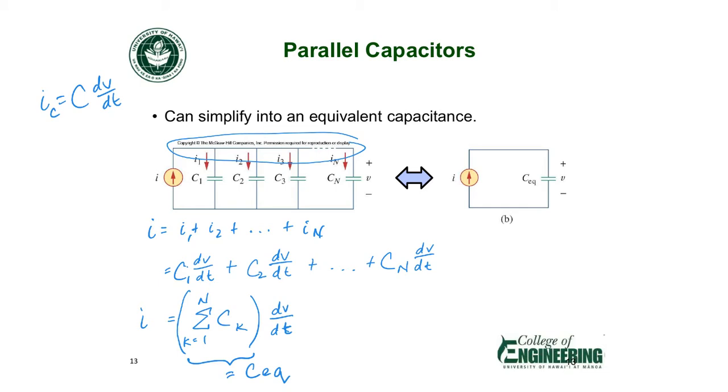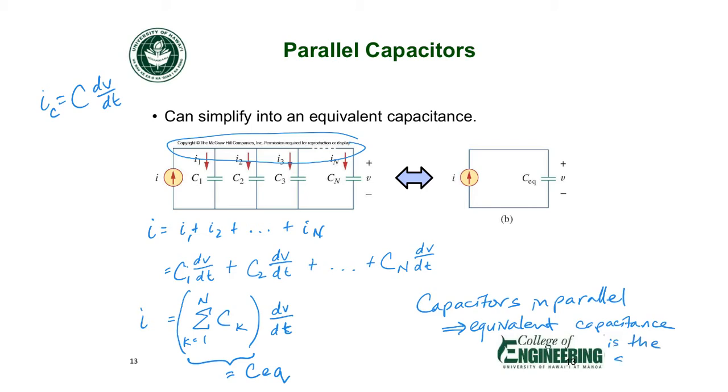Okay, so when we have capacitors in parallel, the equivalent capacitance is going to be the summation of the capacitors in parallel.